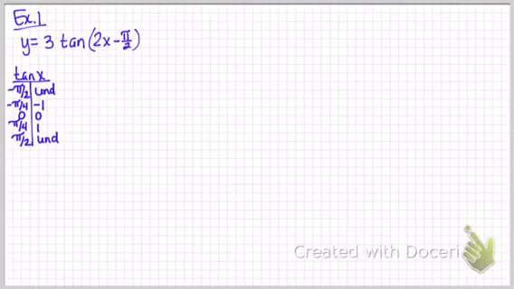Alright, so the first thing let's do now is find our A, B, and C like it told us to. So we know A is going to be 3, which the absolute value of that is going to give us our vertical stretch factor.